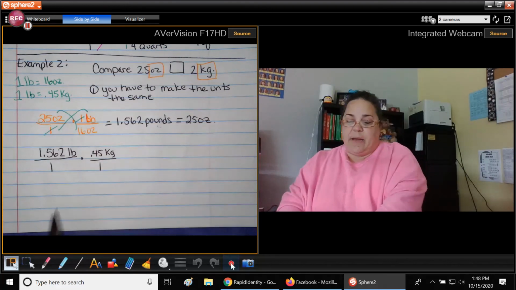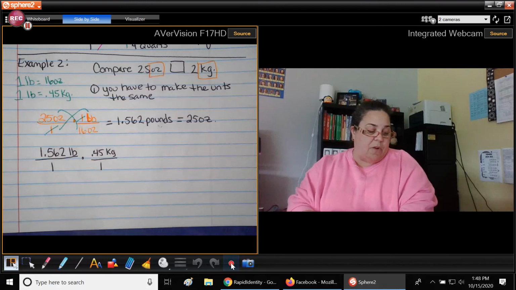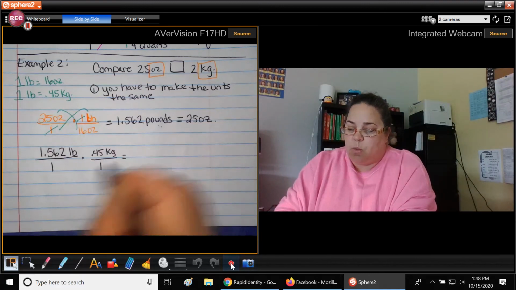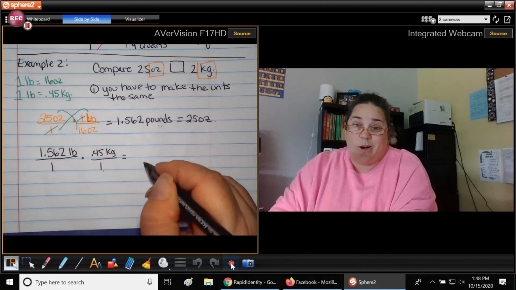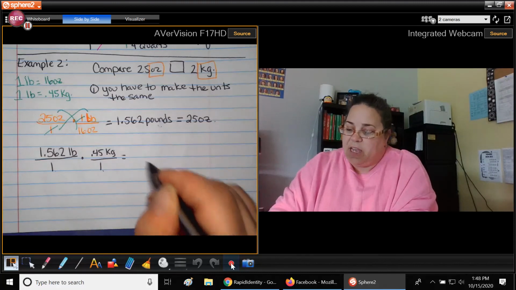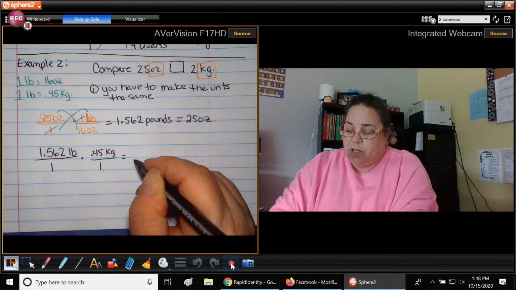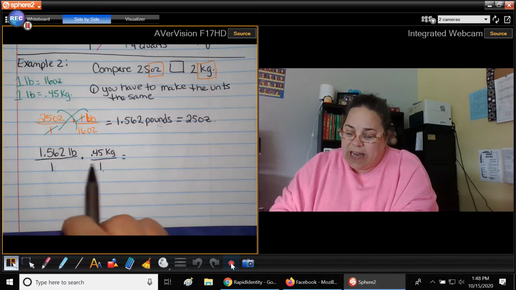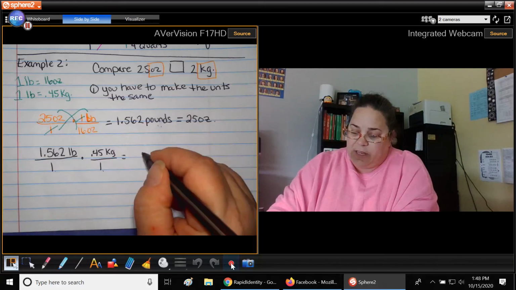And notice that now I have a 1 and 1 on the bottom, right? So when I multiply straight across, 1 times 1 is 1, so I can drop that, right? So now I'm just looking at the top number. So the top number is going to be 1.562 times 0.45 kilograms.